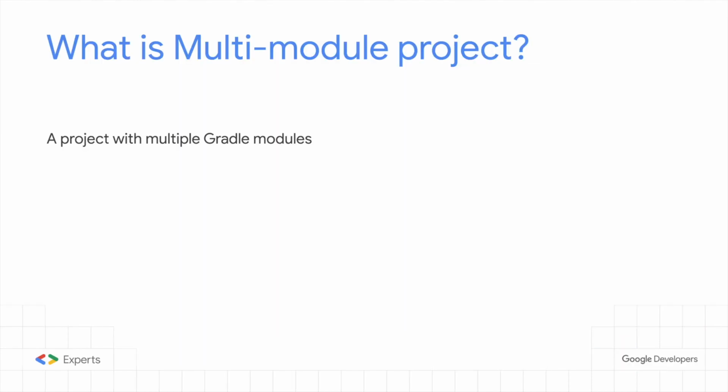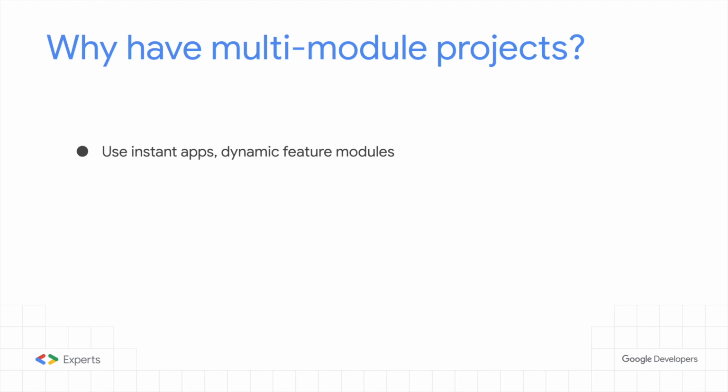What's a multi-module project? When a Gradle project has multiple modules, we call it a multi-module project. Why do we use multiple modules in our projects? The first reason is to use instant apps and dynamic feature modules.